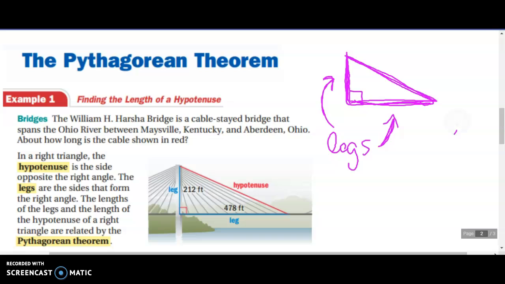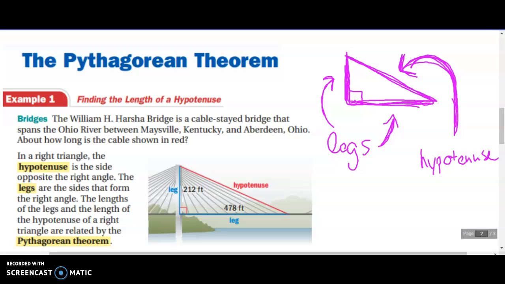And the third side that doesn't touch the right angle is called the hypotenuse. It's a fun word to say. It is not a fun word to spell. It's actually spelled just how it sounds, except, hypotenuse. So this is called the hypotenuse, and these 2 sides are called the legs.